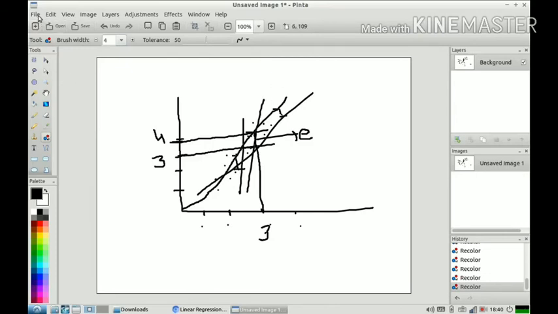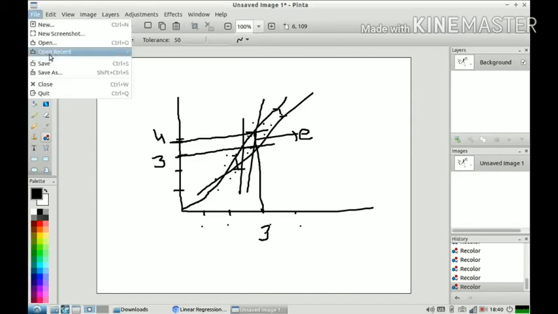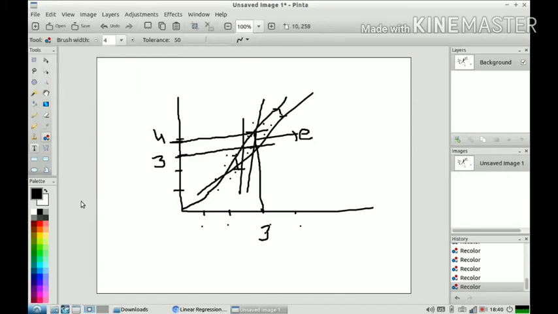A few more things. How do we represent a line? You might have seen in college that we represent a line by this formula. Here y is the output variable and x is the feature. x is the pizza size and y is the output variable, pizza cost, which we are interested to predict.